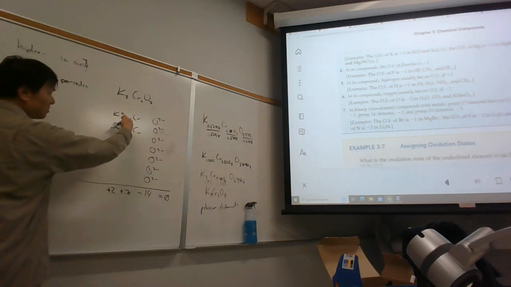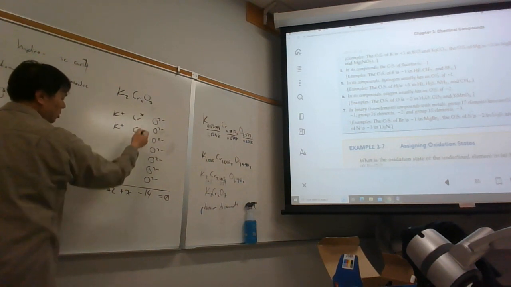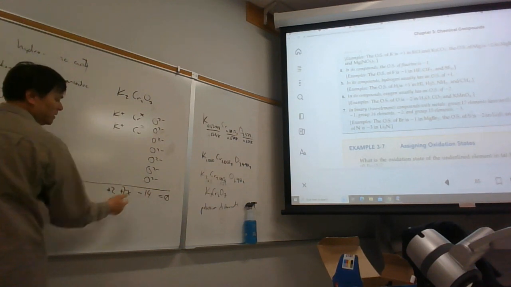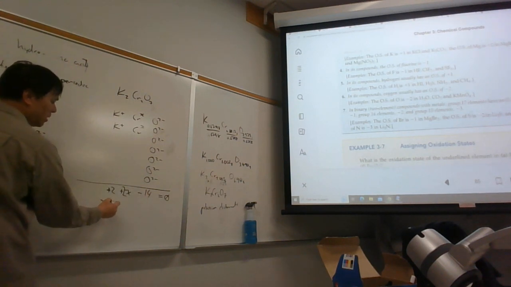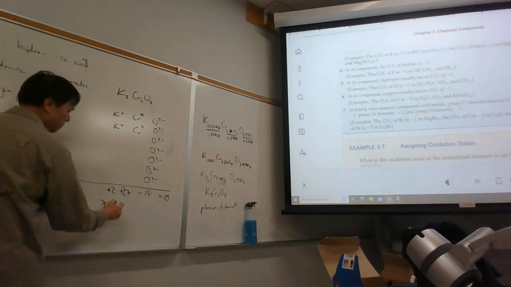Oh, not x, because I have 2 of them. So I'll call x the charge, and I have 2 of those. So 2 plus 2x minus 14 is equal to 0. Therefore, x is equal to what? Plus 6.